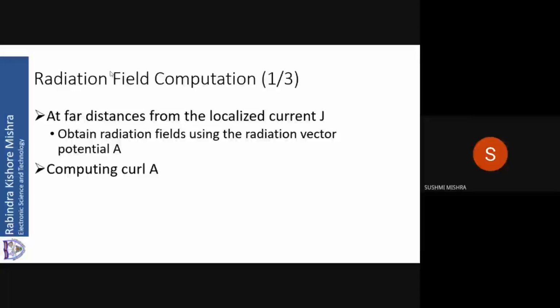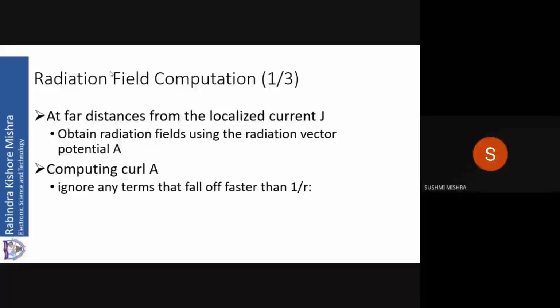We will compute curl of A. We'll start by computing curl of A, then we'll ignore any term that is decaying faster than 1 by r, which means terms decaying as 1 by r square or 1 by r cube. All those terms we will neglect in computing curl of A. Let us see how we can do that.